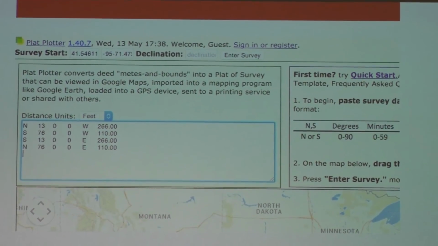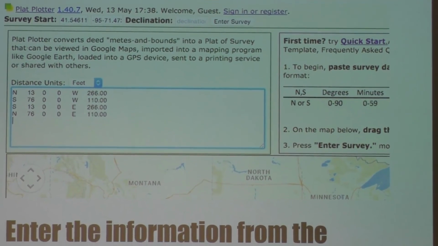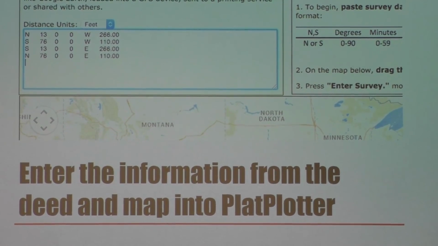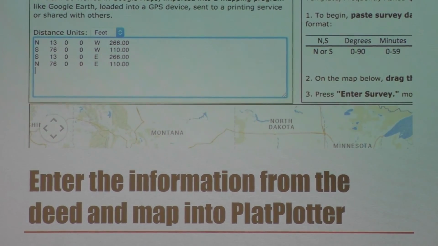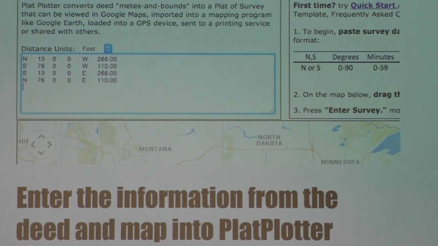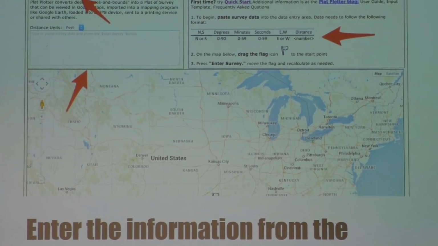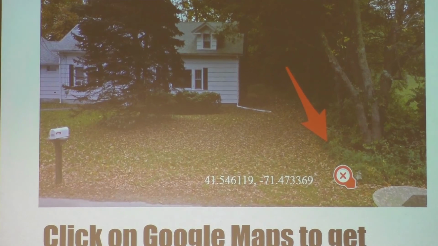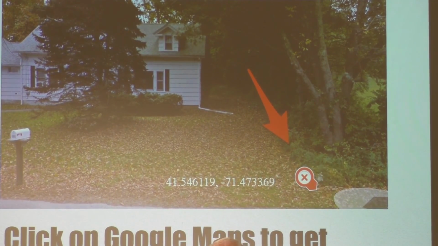Now the numbers, the directions were not in the deed. So how do I know which numbers to put in? That's because I fiddled with the program back and forth until I got the lines to match up with the property boundaries that were there. How do I know there were property boundaries? Well, if we go back to that picture, you'll see here that this guy has mowed his lawn right up to that point.